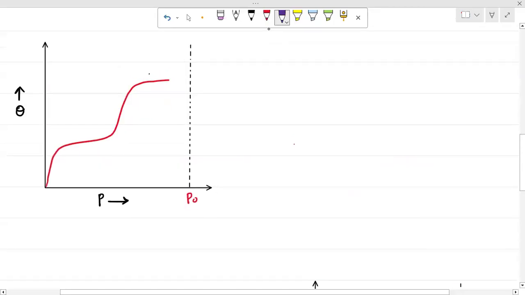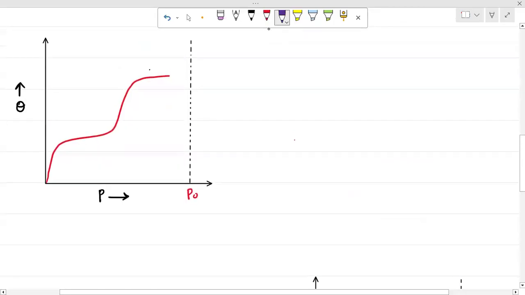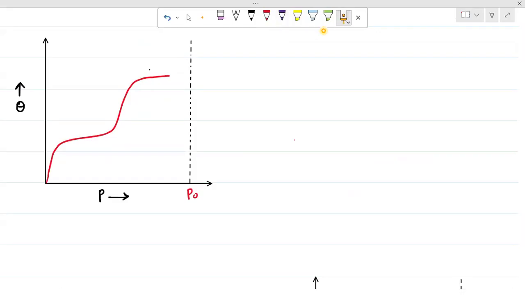See the next one. If you see the next one, you can see that here also there is some kind of multi-layer formation. But here first there is a monolayer formation. And then it increases and then again attains a plateau, does not reach the saturation pressure. So that is the difference. I hope you can read it.